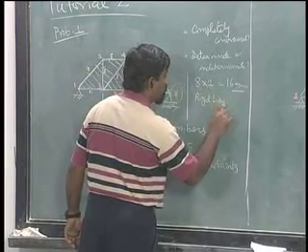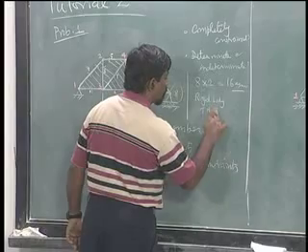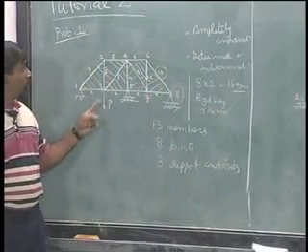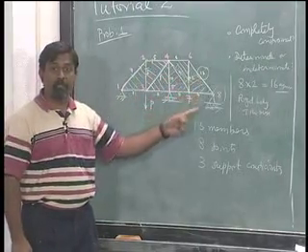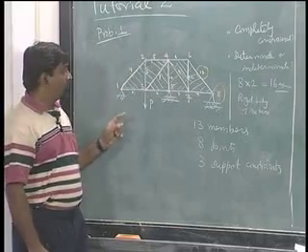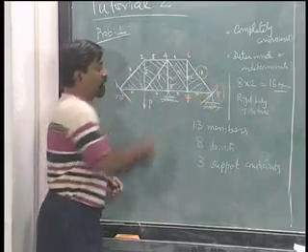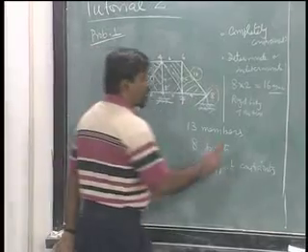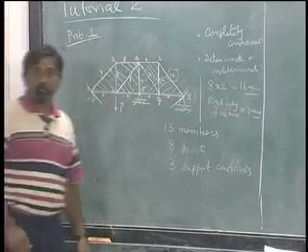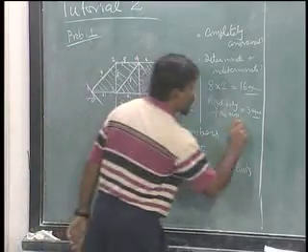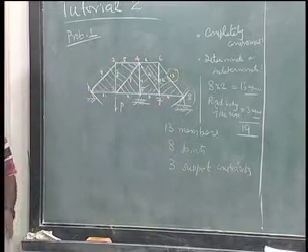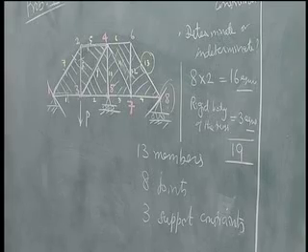The rigid body of the truss automatically does not involve any of the member forces, because they are all internal to the truss. So, when I cut here and take the free body, I will be able to generate 3 equations. So, in total it is possible for me to write down 19 equations. So far so good.